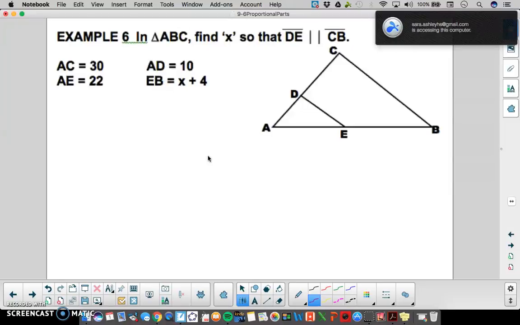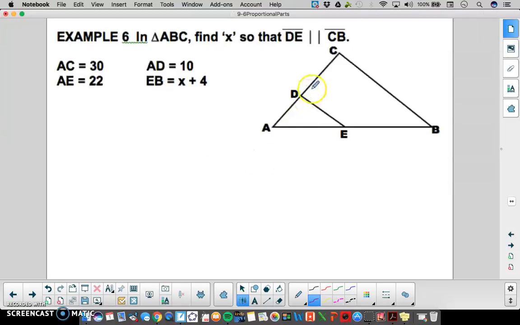So again, we're going to try and prove that this segment here, DE, is parallel to CB. We do that by proving that those pieces are proportional. What it's asking us to do, though, is find the value of x that will make that happen. So we're solving for it as if they were parallel.